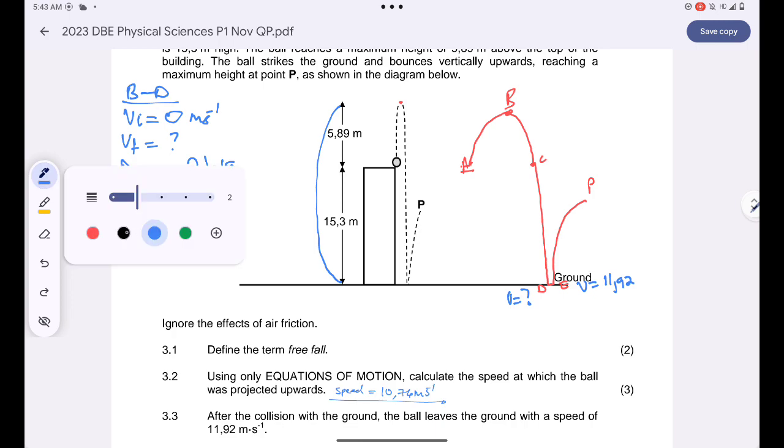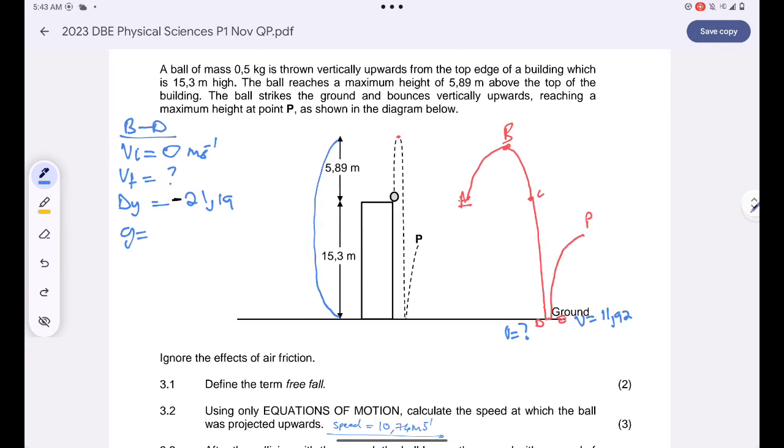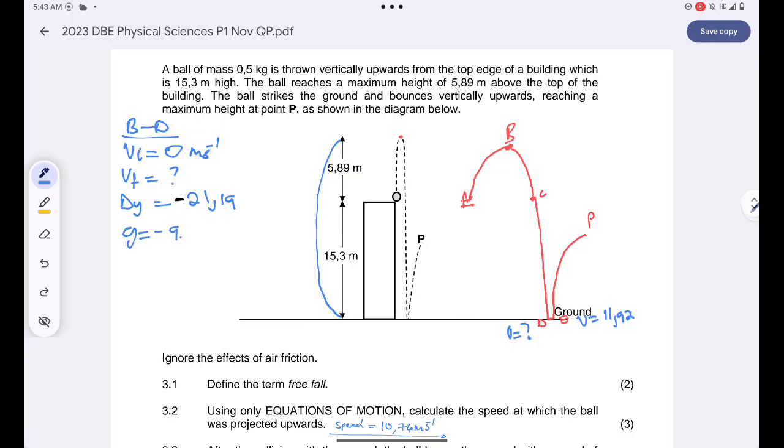Since the ball will be displaced downwards from B to D, it simply means that I'll have a negative displacement like this. Are you together? And then gravity, I don't care whether my ball is going up or down. Since I did declare that upwards is positive, it simply means that I'll have negative 9.8 meters per second squared.